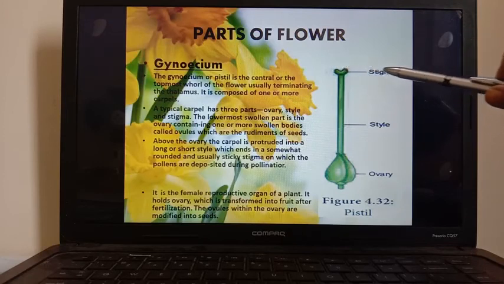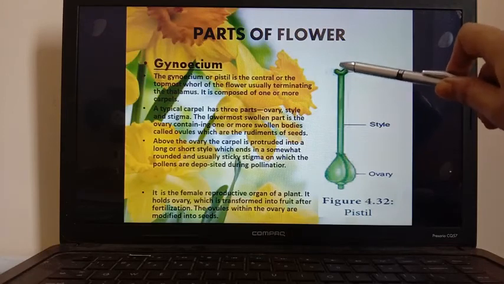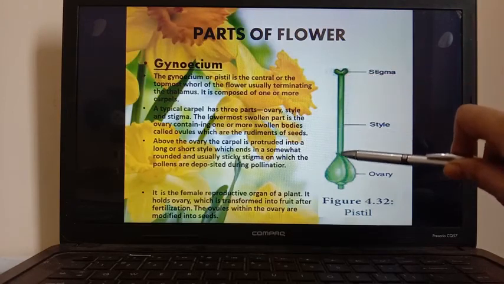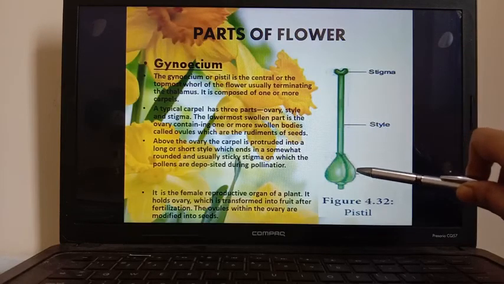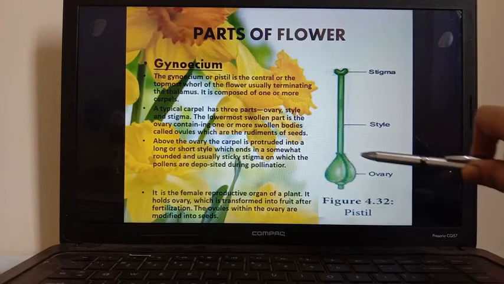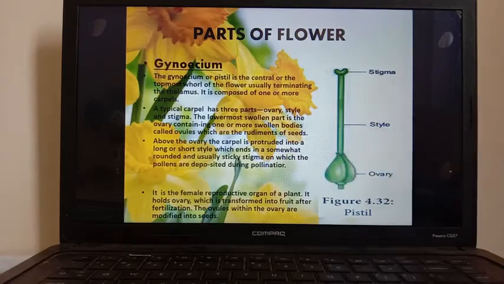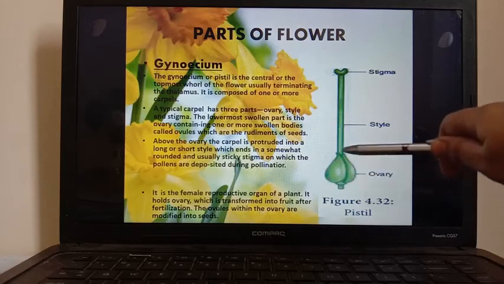The topmost part is known as the stigma. Actually it receives the pollen grain. This is the style part through which the pollen can travel, and this is the lowermost part, the ovary, the swollen part, inside which ovules are placed. Here only fertilization takes place.